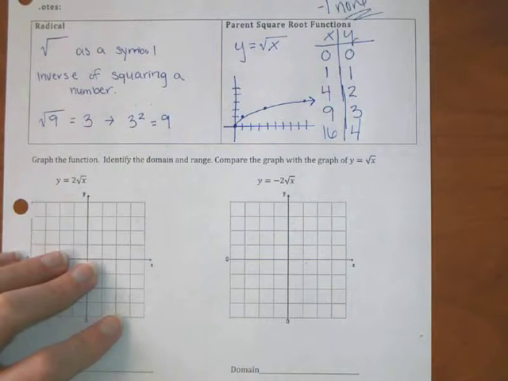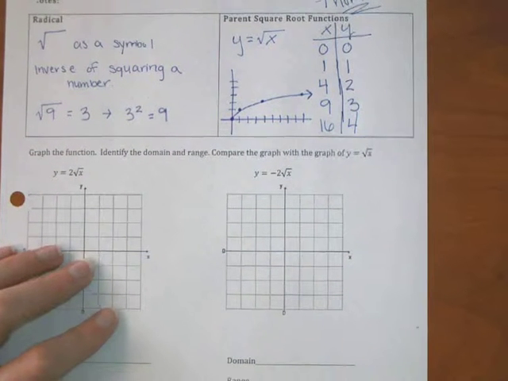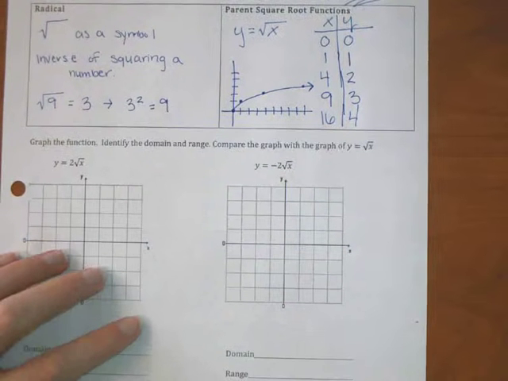Mine didn't fit, so I'm going to stop at the 9, 3. That's okay. How does this look? Does it look okay? It is curved. Because of the way the function works, it's not a linear function. By throwing in that radical, we no longer have a perfectly linear function.